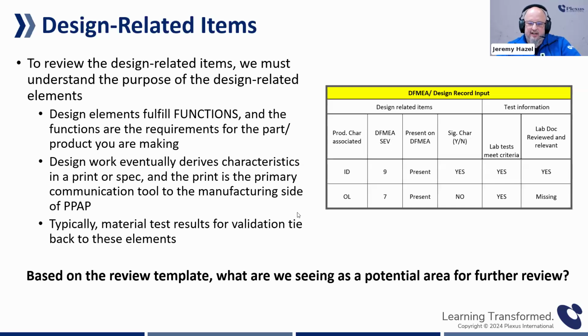So if I'm looking here, based on this template with what we just covered, are there areas we see as potentially missing for further review? Right here, and again, I'm the reviewer. I am not making these documents. If I start with the overall length and I see right here that I'm missing qualified laboratory documents relating to testing, I have questions.